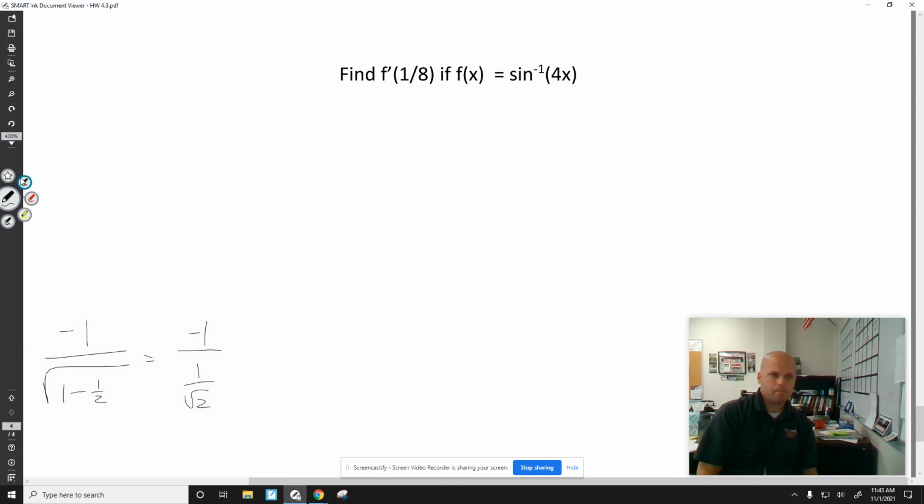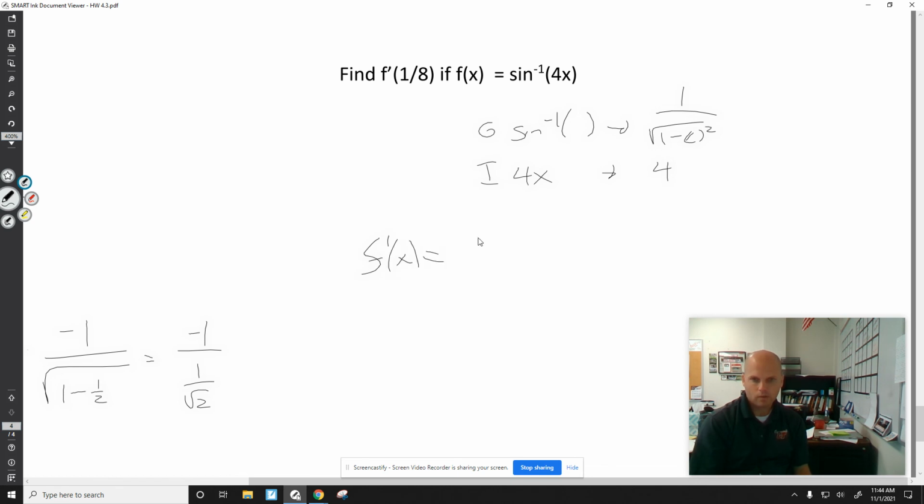All right, last one. Write out the correct derivative. It's the easiest way to do these inverse trig problems. 1 over root 1 minus parentheses squared times 4. Plugging in 1/8. 1 over root 1 minus what starts in the parentheses stays in the parentheses, 4x squared times 4.